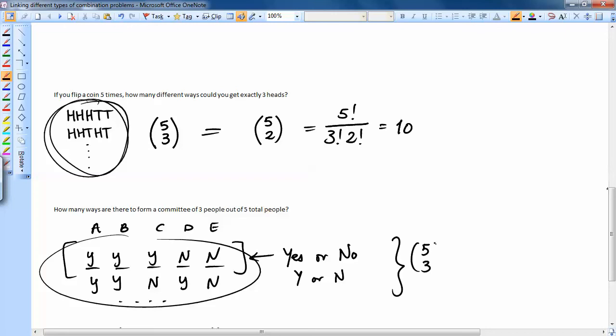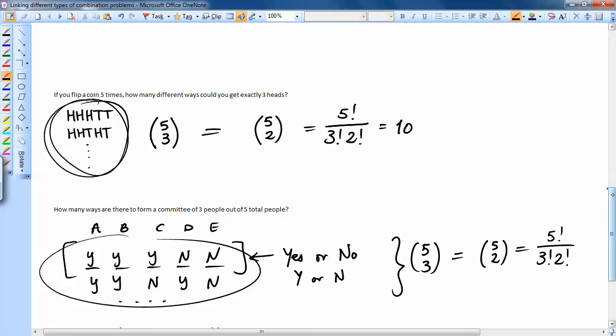This is where I think the choose 3 makes the most sense. I got 5 people, I need to choose 3 of them. So 5 choose 3 sounds right. And it's the same thing as saying, I've got 5 people, I'm going to choose 2 to kick out. Right? That's really no different from saying I've got 5 people, I'd like to choose 3 to stick around. So these 2 things end up being the same, and we know the formula for it is this.